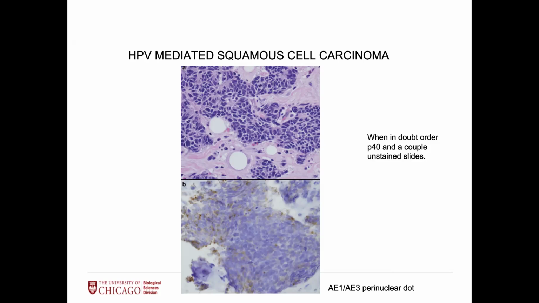So a lot of my reports are positive for P16 and P40, just because a little corner of my head was like, I don't want to miss a small cell, or a large cell. So oftentimes I'll just do both markers. Unless it's a super nicely nested tumor, then I don't do the P40, but I do P40 a lot. And then your small cell would have a perinuclear dot, and then it would be positive for neuroendocrine markers.